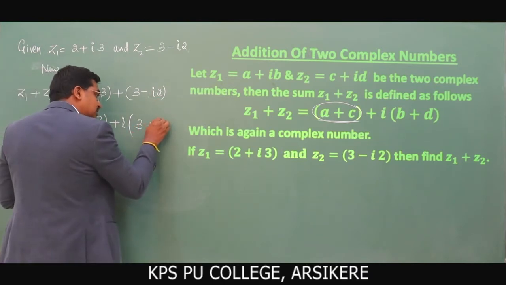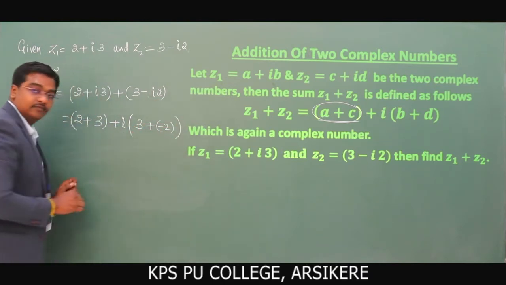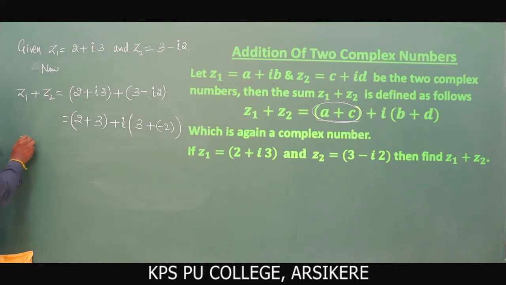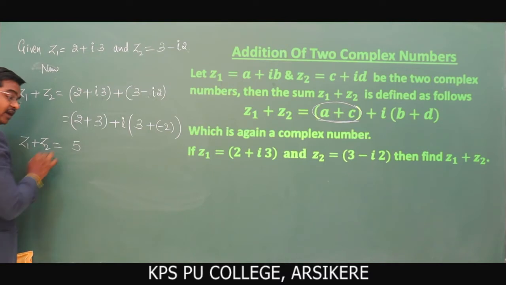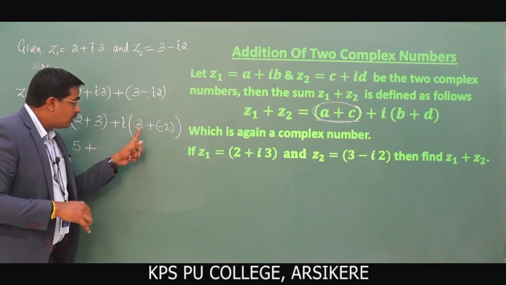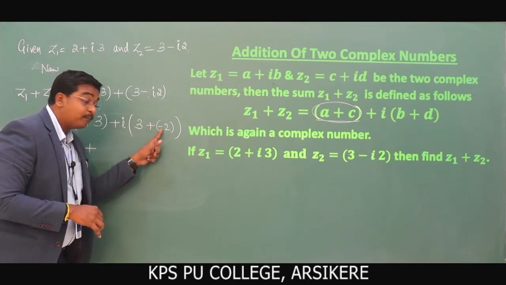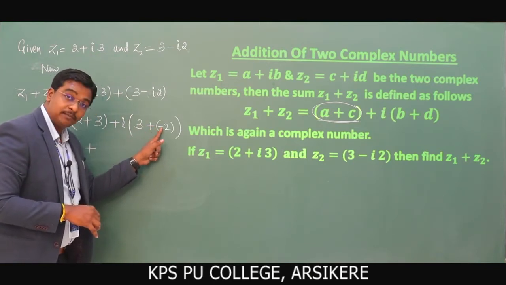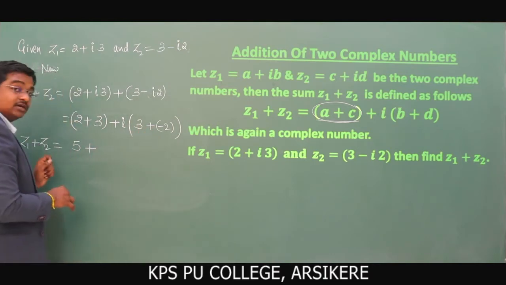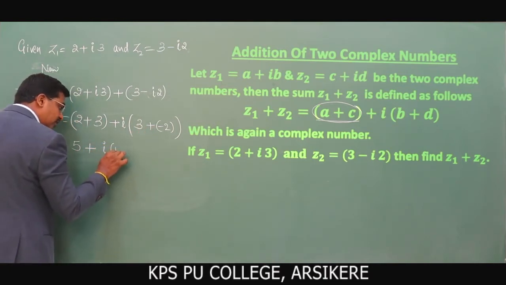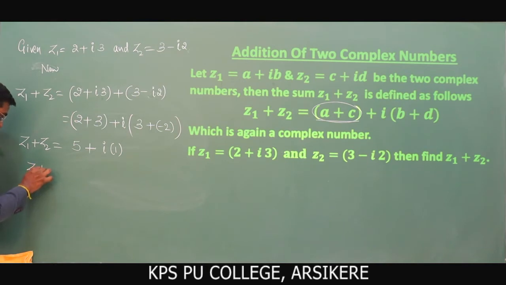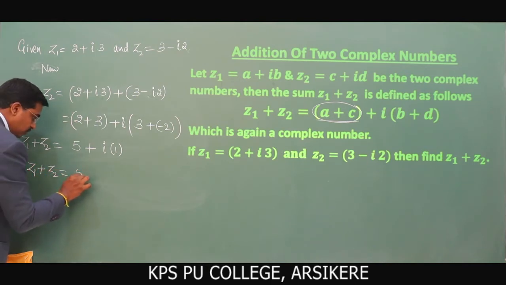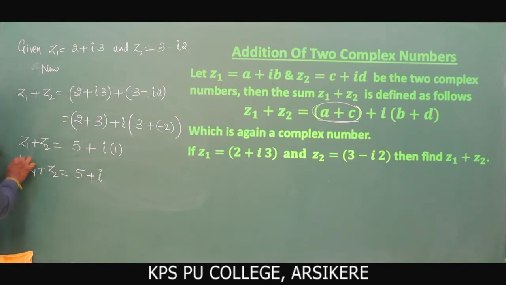So plus minus 2. So now Z1 plus Z2 is equal to 2 plus 3 is 5, plus 3 plus minus 2. Plus into minus becomes minus, 3 minus 2 becomes 1. So I into 1. You can write this as Z1 plus Z2 is equal to 5 plus I. This is the sum of these two complex numbers.